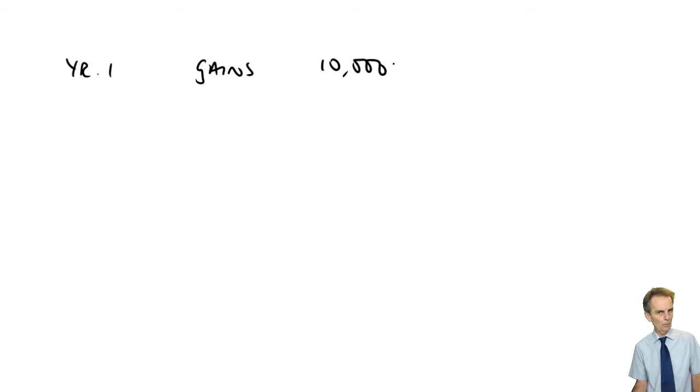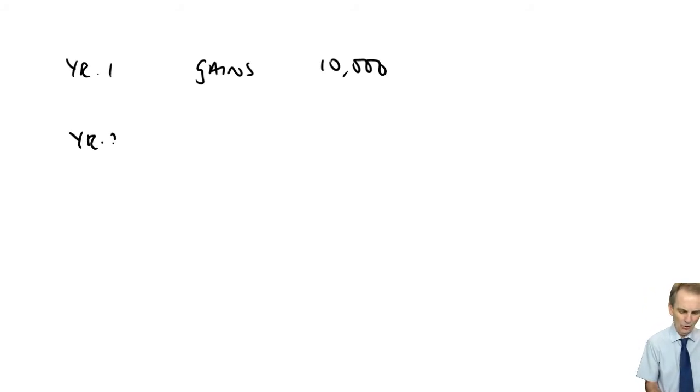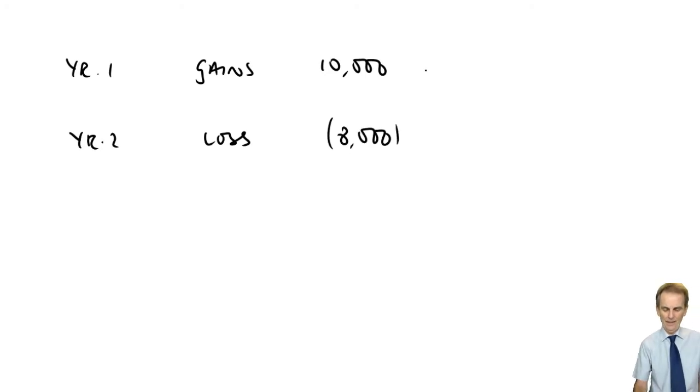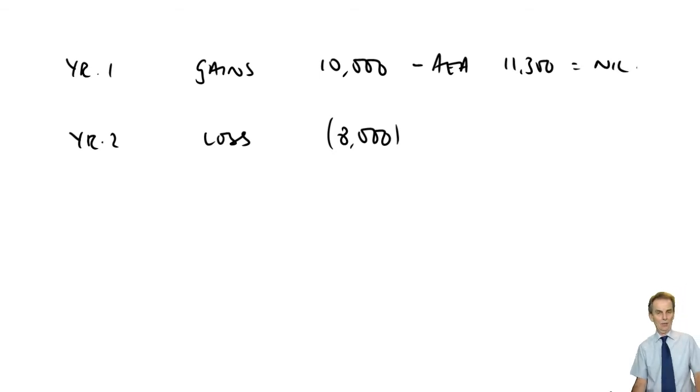Our advice should be, don't actually dispose of that asset this year. Wait until year 2 and then make the loss of 8,000. That gain is covered by the AEA of 11,300, so there are nil taxable gains.